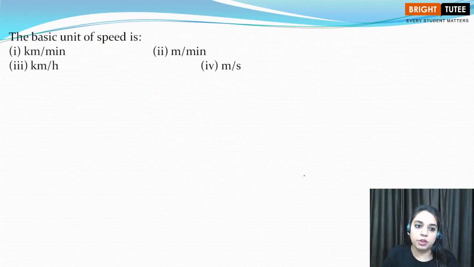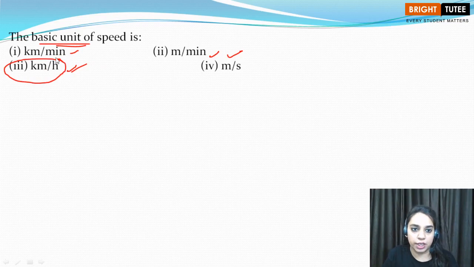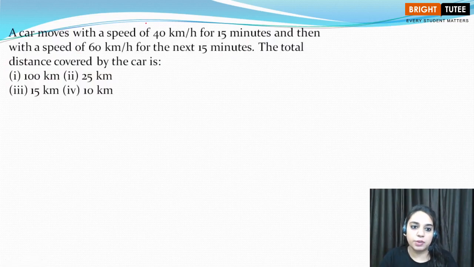The basic unit of speed is kilometers per minute, meter per second or kilometer per hour. So children, usually the basic unit of speed is kilometers per hour. Okay. So let's move to the next question, which is: a car moves with a speed of 40 kilometers per hour for 15 minutes, then with a speed of 60 km per hour for the next 15 minutes.